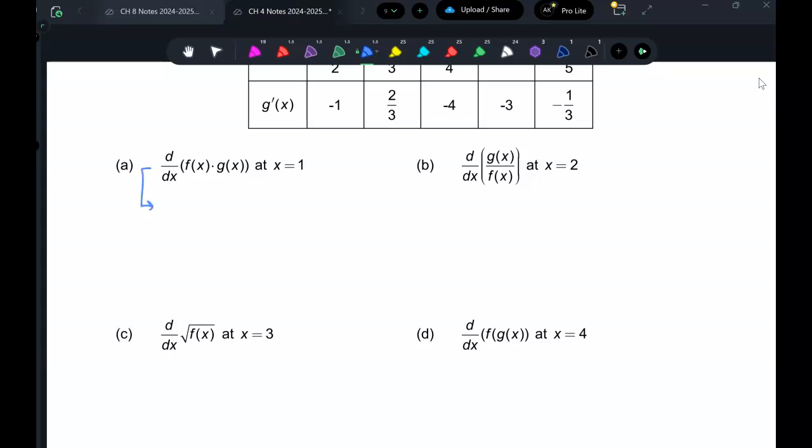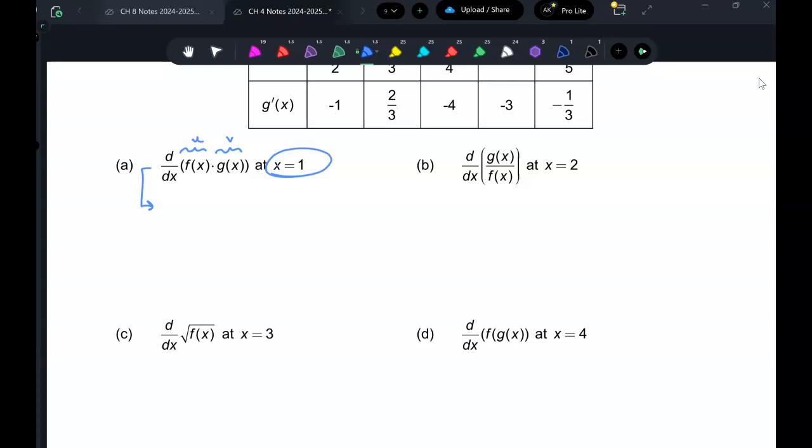Let's go through. Think u and v. It's going to be u prime times v plus u times v prime at x equals 1. I'm going to write it out with my function notation with f and g.